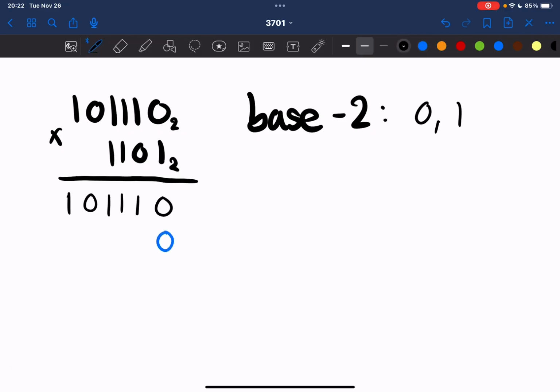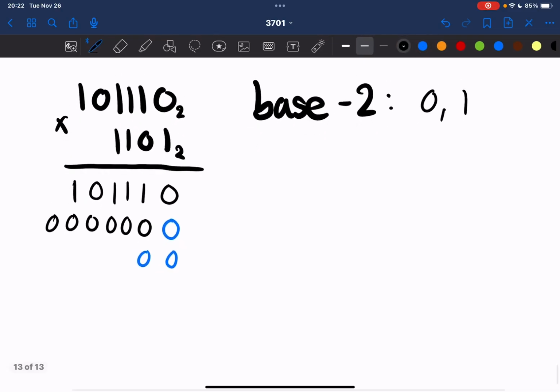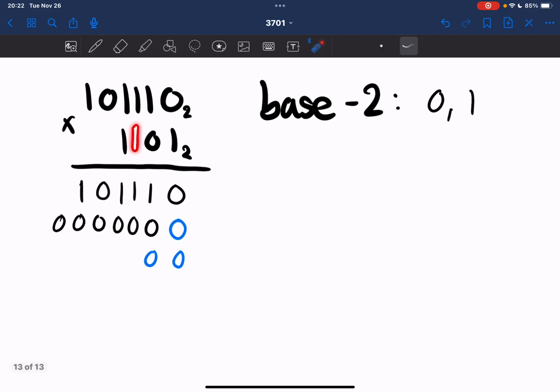And then we multiply 0 by all of these things. Well, since it's 0 times everything, 0 times anything is 0. So we're just going to add how many zeros? 1, 2, 3, 4, 5, 6, because everything is going to equal 0 here. I'm going to add 2 zeros now, right? Same as normal decimal multiplication. And then we have a 1 down here.